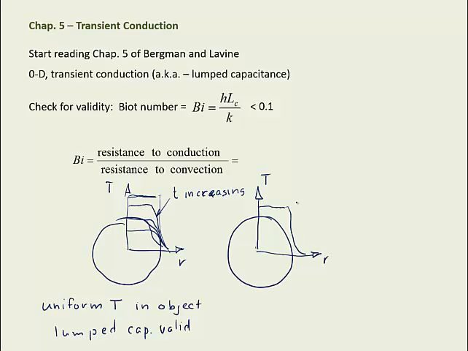But all of a sudden I start cooling it off, and I see temperature variations throughout the sphere that are significant. In this case, lumped capacitance is not appropriate.